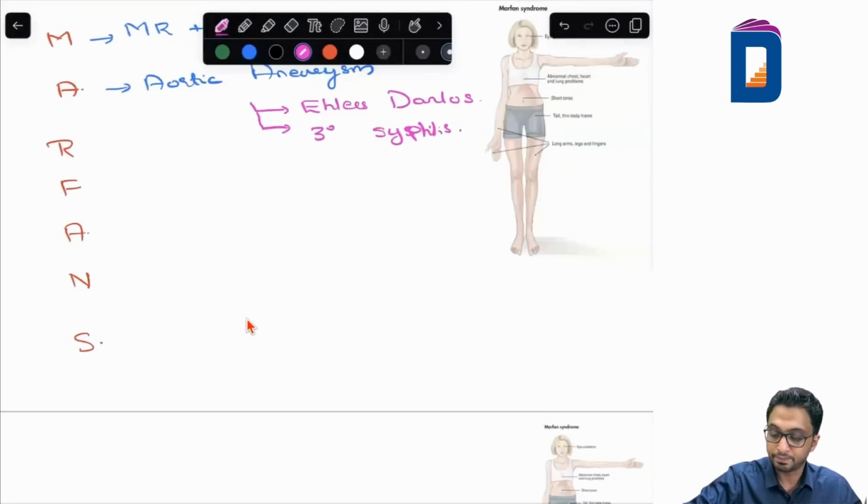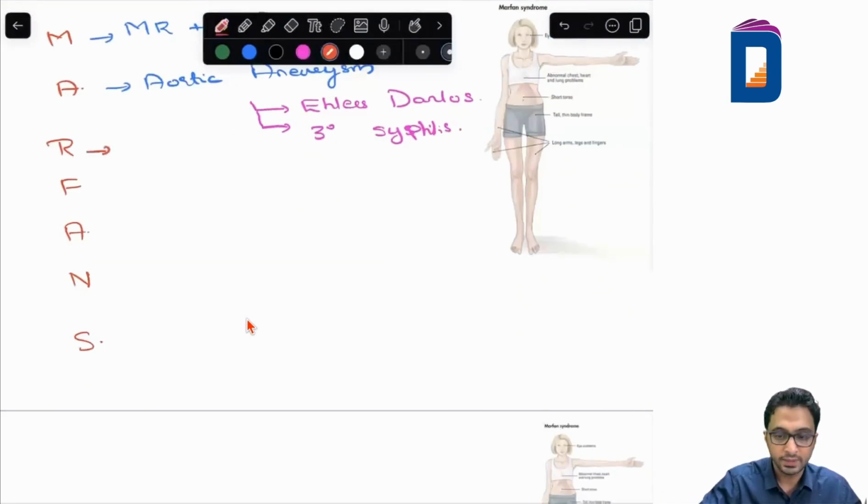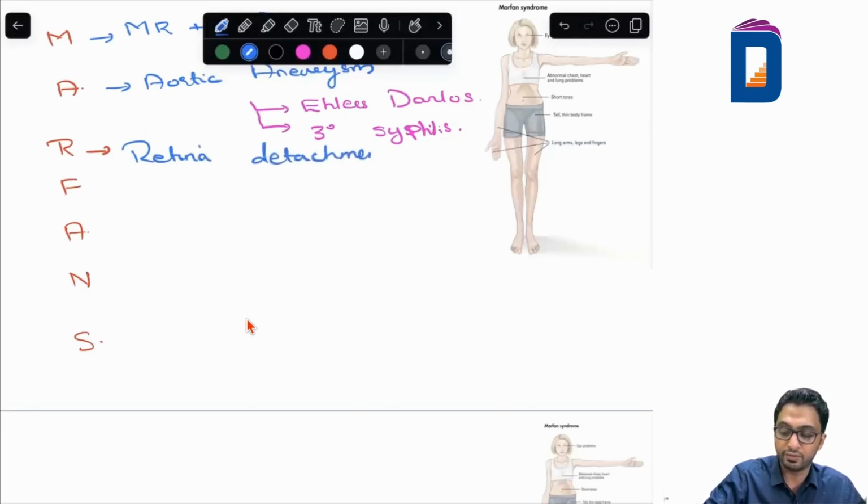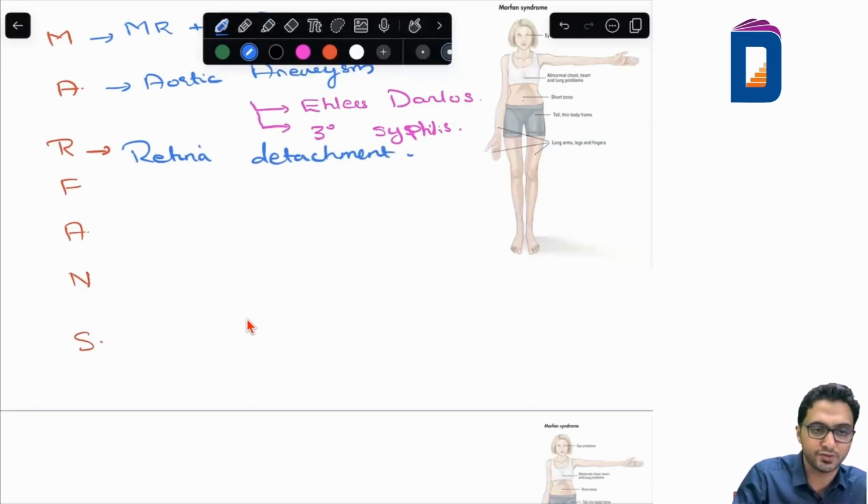Now R, what is R? Retinal detachment. The retina gets detached. The retina is a very important layer for your vision, isn't it? You're going to see some retinal problems associated with some other lesions later on.